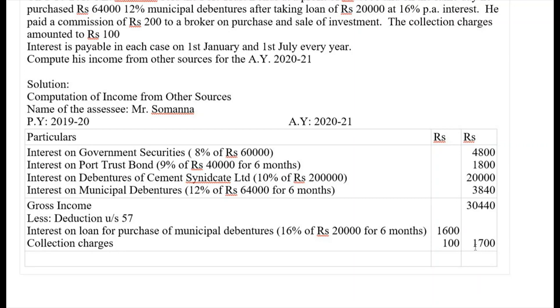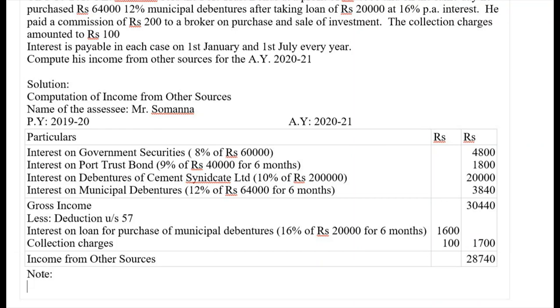So 30,440 minus 1,700 comes to 28,740. So this is income from other sources. So that comes to 28,740.